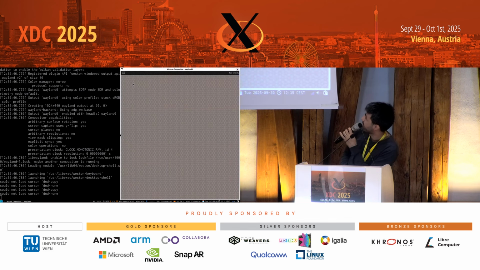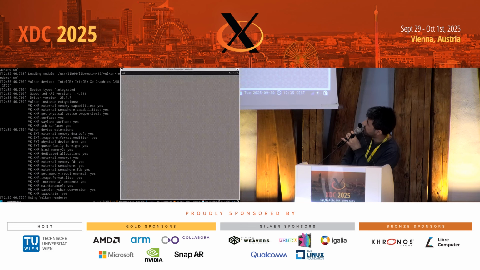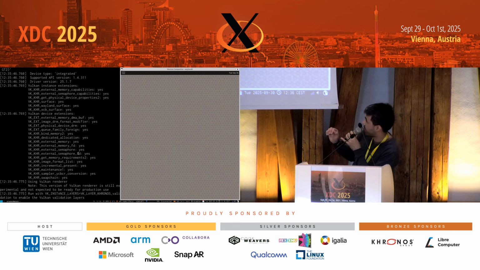Okay, there you go. So as you can see, it's exactly the same thing as before. I think the most interesting thing here is that you can see Weston loaded the Vulkan renderer, which is this object, and this is the entire list of extensions which are actually checked, which are all true for my laptop at least. And yeah, that's it.